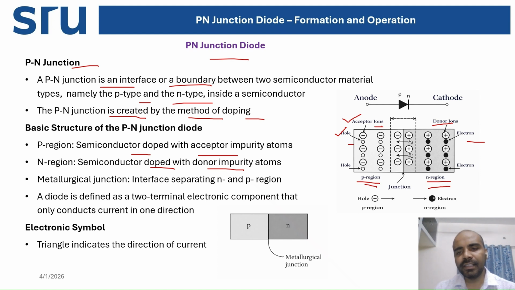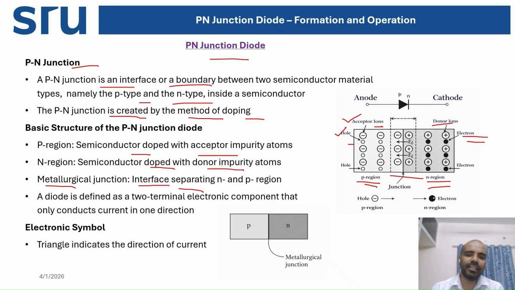The black circle represents the electrons. The interface separating the N region and P region is called the metallurgical junction.